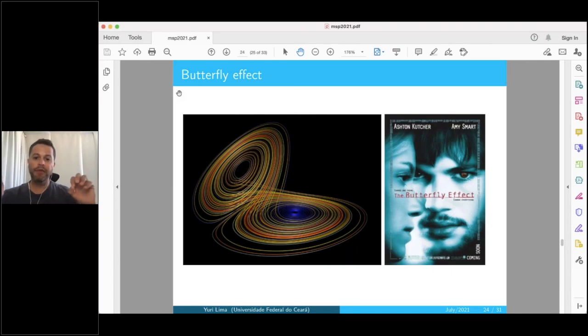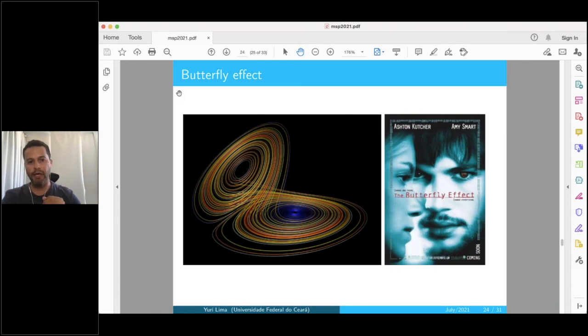So the idea is that the butterfly moved its wings, so it changed very, very slightly the initial conditions of the atmosphere, and over time these initial conditions accumulated errors, to the point that after 20 years, a hurricane was created in Brazil.